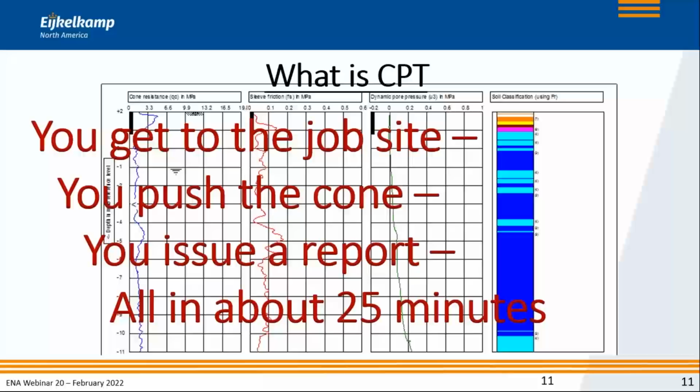You get feedback almost instantaneously, compared to a whole bunch of other site investigation methods where you will have to wait days, if not weeks, before you finally get some specific information. And that is very important as we are looking at how you can apply CPT when it comes to pile driving.